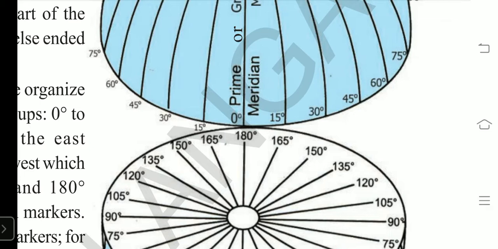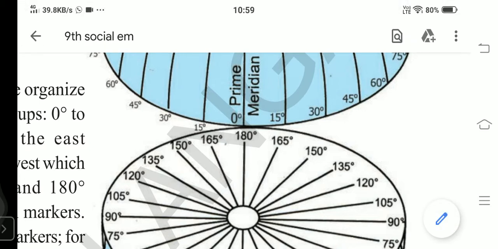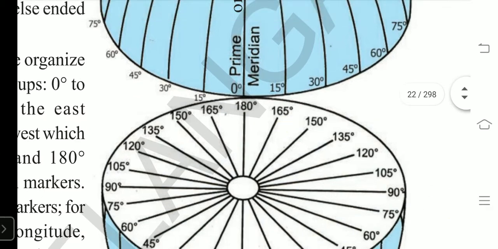What is meant by the sun's position? Sunlight. The difference in the sunlight is called day, right? We'll get early morning, then afternoon, evening, then night, right? So these differences will appear on the longitudes. Understand? So longitudes will tell the time.